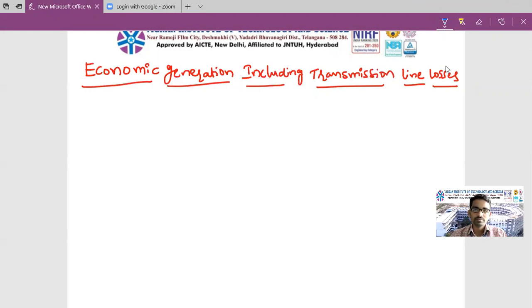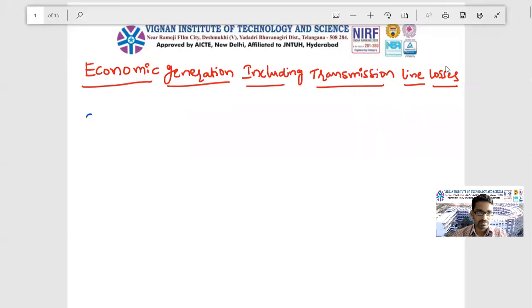So let us consider a power generating station. Here you are having the generator which is generating the power. Let us take this as a generator. Generating power is Pg, and that generated power is going to be utilized at the nearby generating station only.